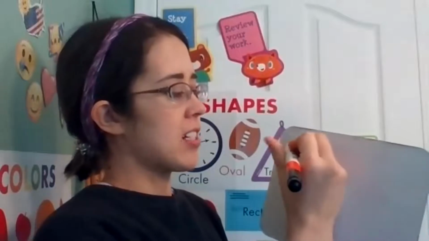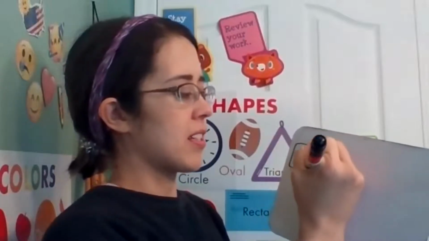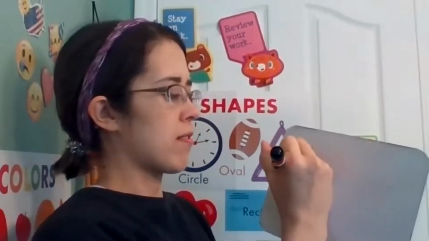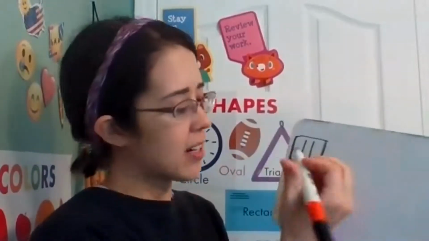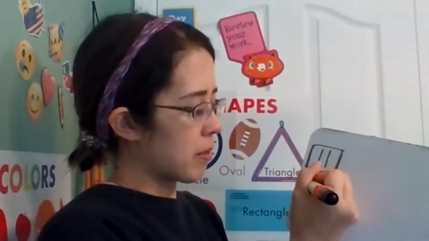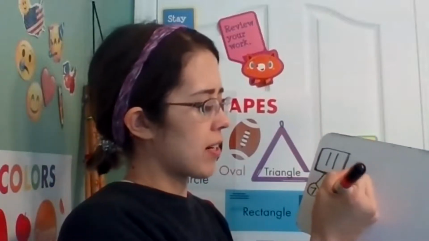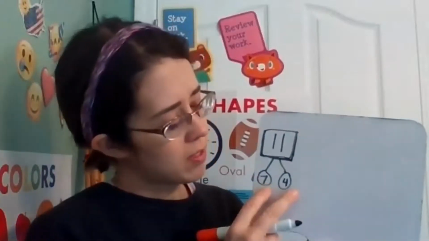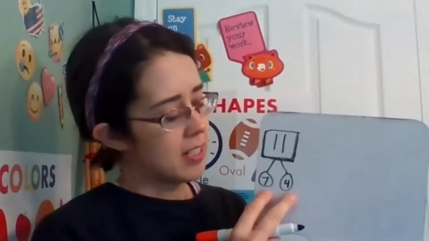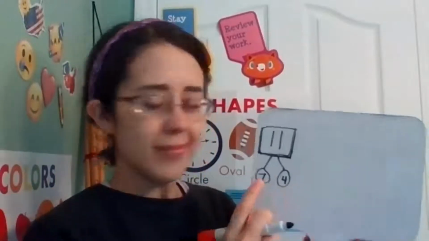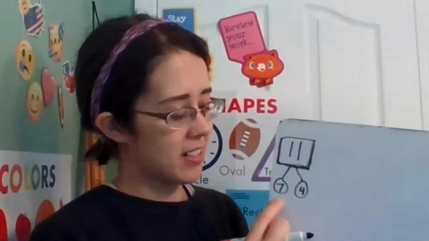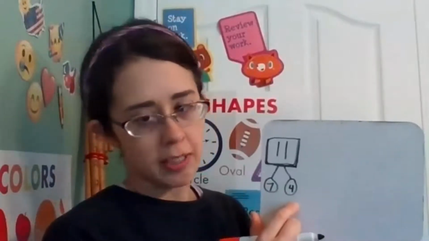If I continue with one of the number bonds we just did, where 11 is made up of the parts 7 and 4, which of these 2 parts is the bigger number? 7 is bigger, and 4 is the smaller part.